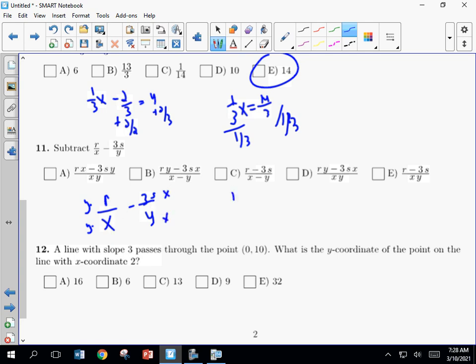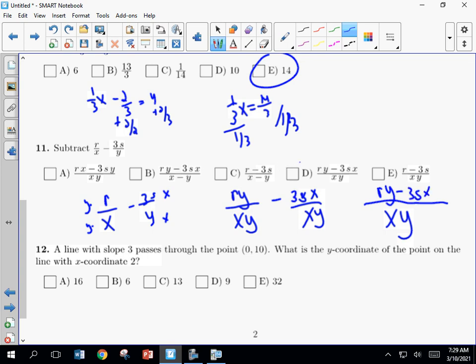Now put them in order: ry over xy minus 3sx over xy. It's subtraction, but the denominators stay the same, so you put them all over the same denominator. You can't combine these, so it's just going to be ry minus 3sx. So D is your correct answer. The common denominator is key there.